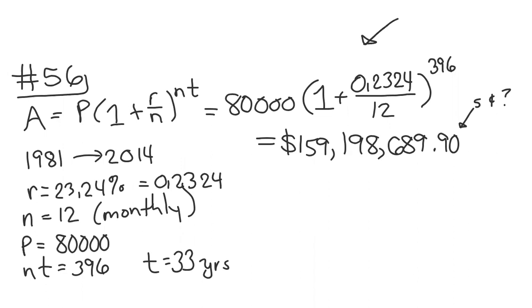Let's see. 33 times 12, that's 396. I typed in 396. 0.2324. Yeah, so I don't know. But the book and I are off by 5 cents of each other. There's usually an allowance as to how wrong you can be. For example, let's see.